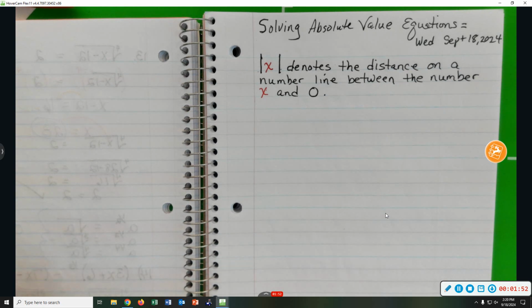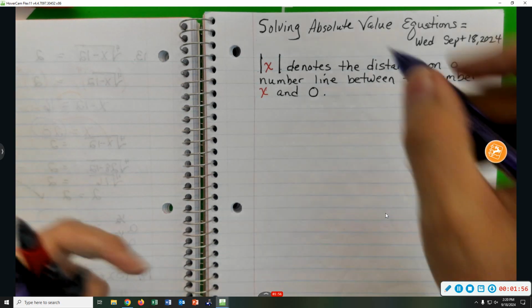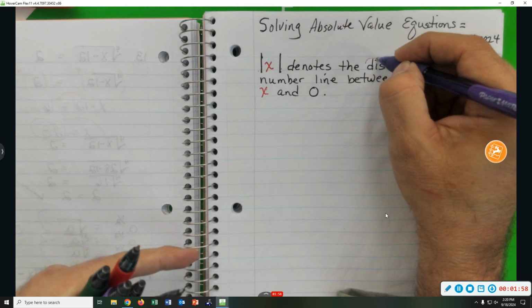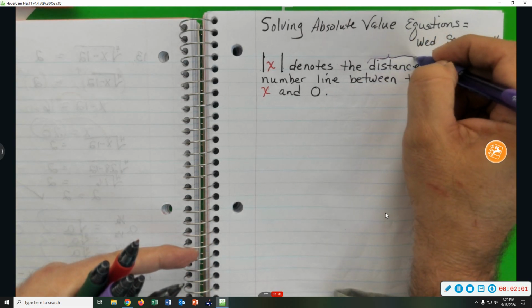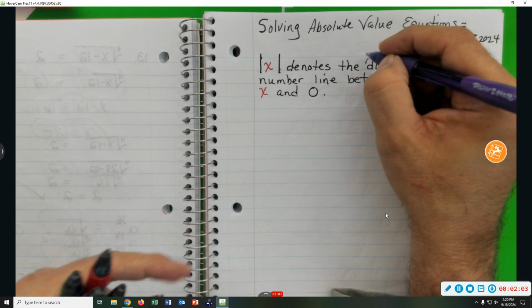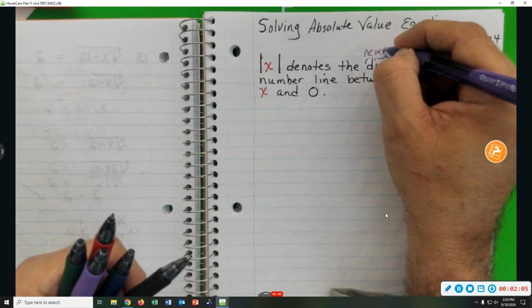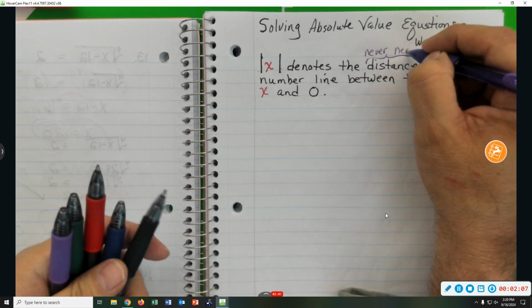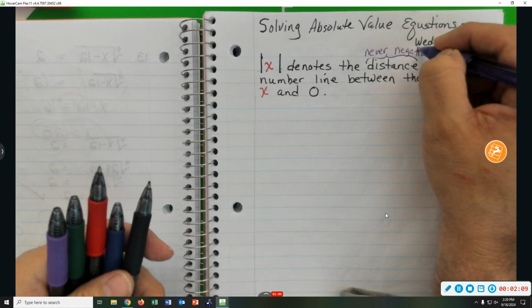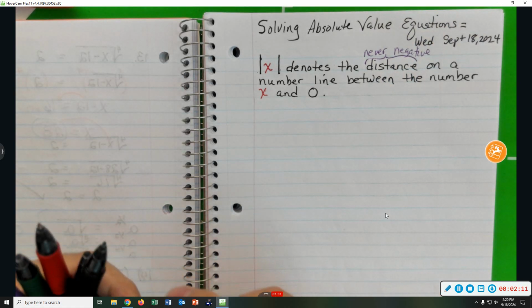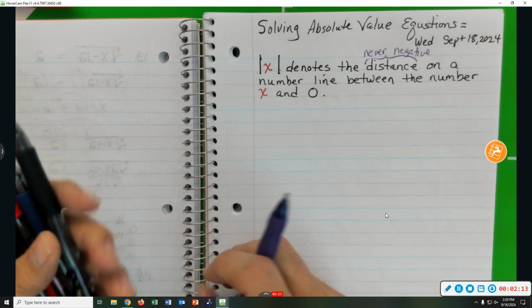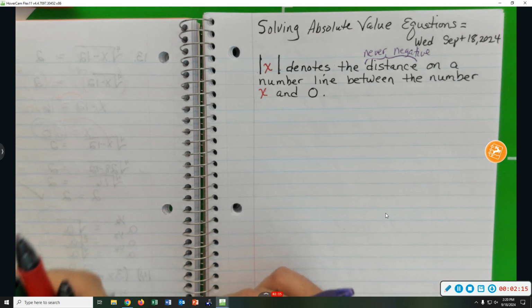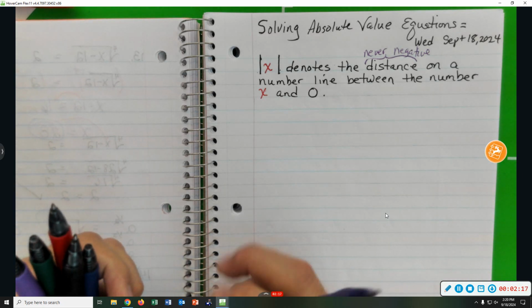The fact that I said the word distance, distance is never negative. If you ask someone what's the distance from here to Houston, you wouldn't expect someone to say negative 220 miles.